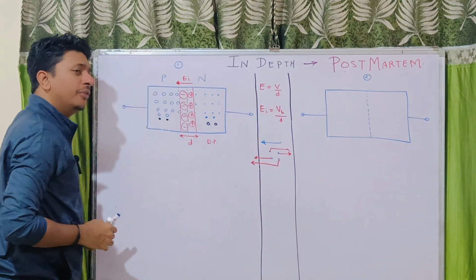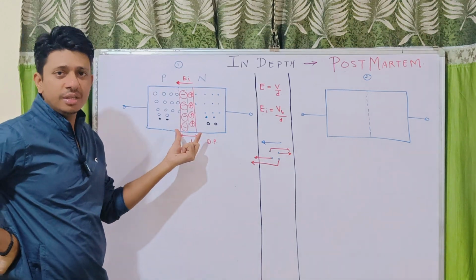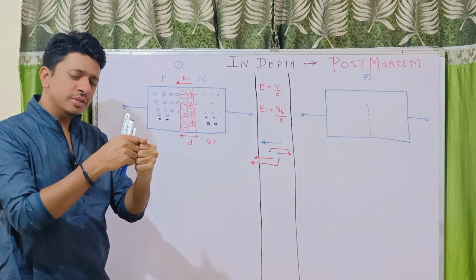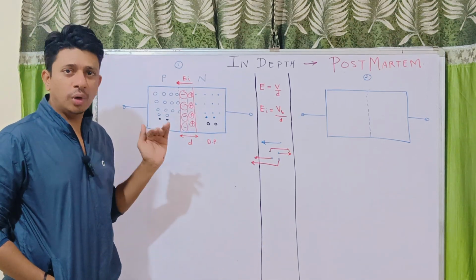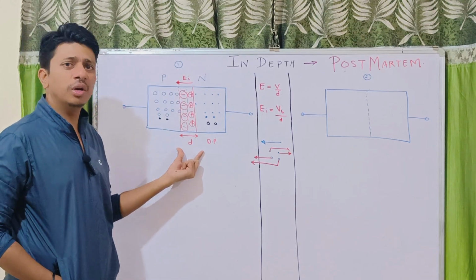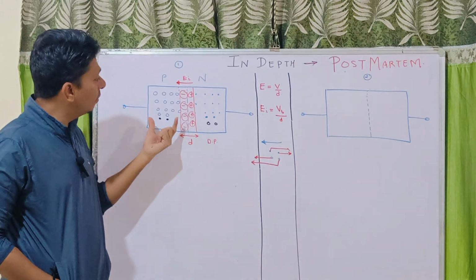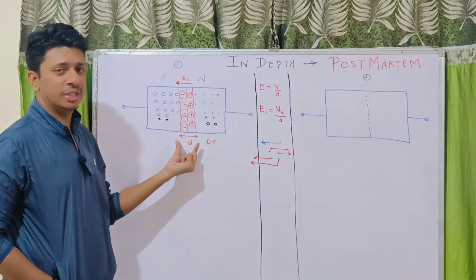So if by chance some of the covalent bonds in the depletion region get broken, these electrons and holes will be separated as soon as they are generated. So ideally in the depletion region, whether a covalent bond breaks or not, the carriers will be separated as soon as possible. That is why you have not drawn any minority carrier concentration in the depletion region.